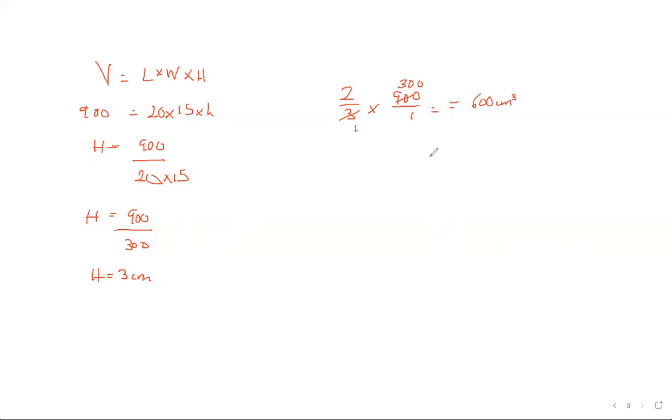And the scoop is 75 cubic centimeters. So we are going to need 600 divided by 75, which is 8 scoops. And these are our answers.